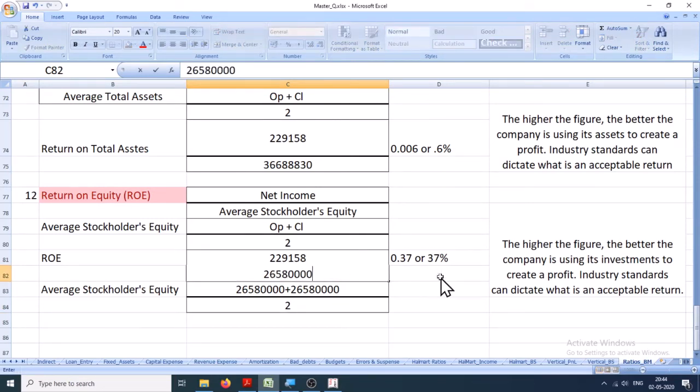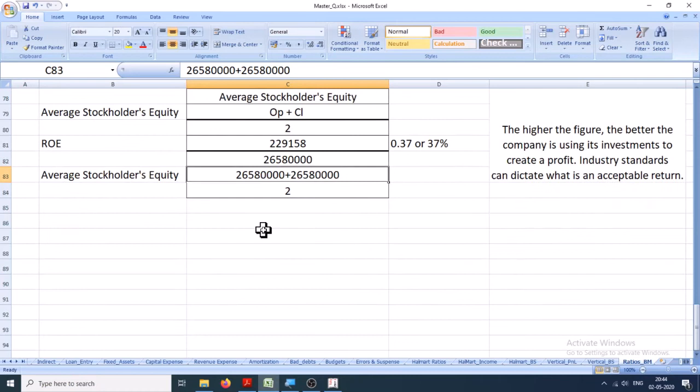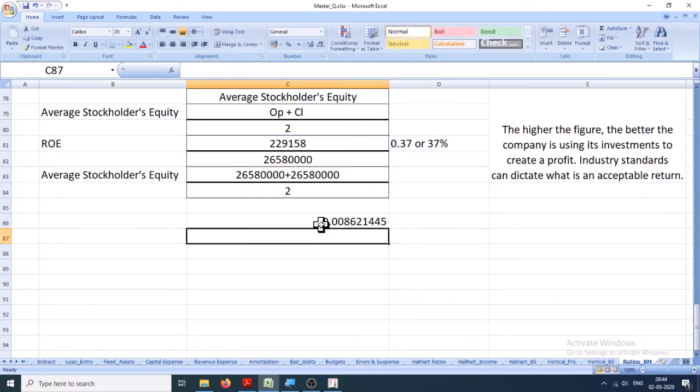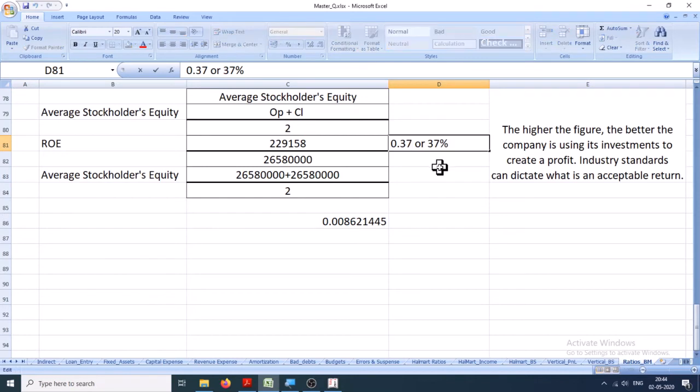Now I'm pretty sure about this calculation. If you want, you can check it. It looks like we are going to get shattered in this ratio, because we are only earning 2 lakhs with the equity invested of 2.65. Shattered again. The ratio is 0.008.